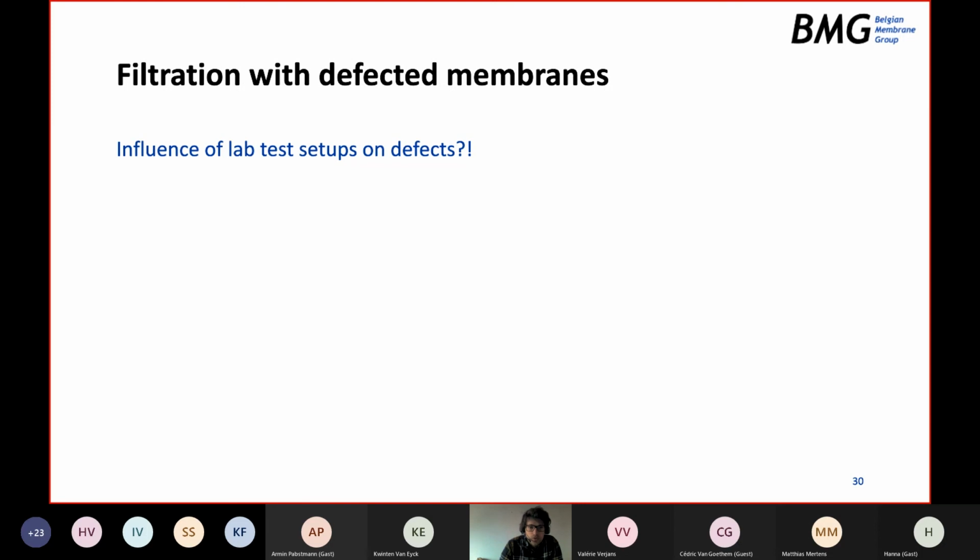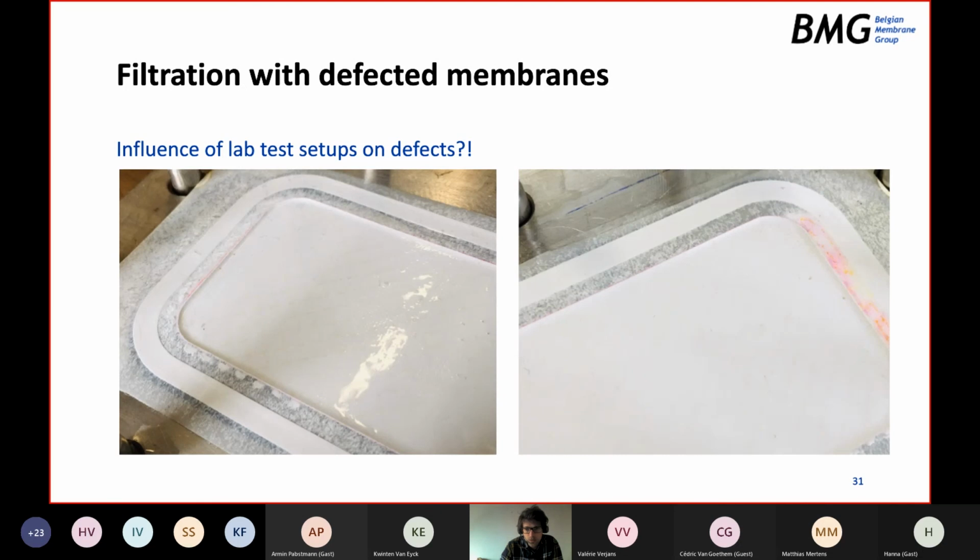However, what we also saw in our tests, which is also one of the challenges in this project, is that the common lab setups are not exactly suited for defects or integrity monitoring. So what we tend to see is that the sealing of the cells causes defects at the edge of the membranes.